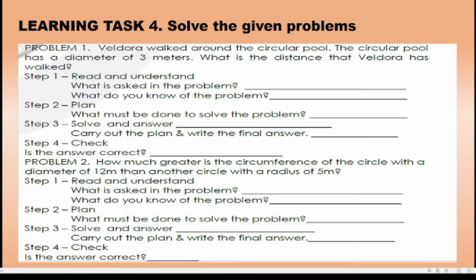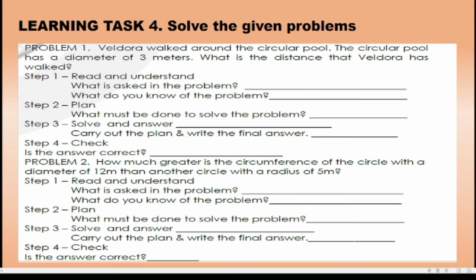And now for our learning task number 4, solve the given problems. Problem number 1. Pandora walked around the circular pool. The circular pool has a diameter of 3 meters. What is the distance that Pandora has walked? You may do step 1.